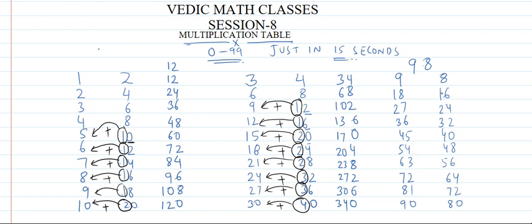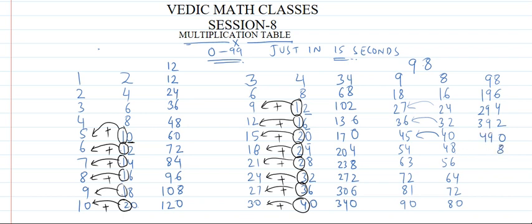Now if somebody asks me for the table of 98, how will you write it down? The very first number is 98. Here unit digit is 6 and this 1 will be added to 18, so it will become 196. Likewise unit digit is 4 and this 2 will be added to 27, so it will become 29, giving 294. Likewise unit digit is 2 and this 3 will be added to 36, so it will become 392. Then unit digit is 0 and 4 will be added to 45, so the answer is 49, giving 490.